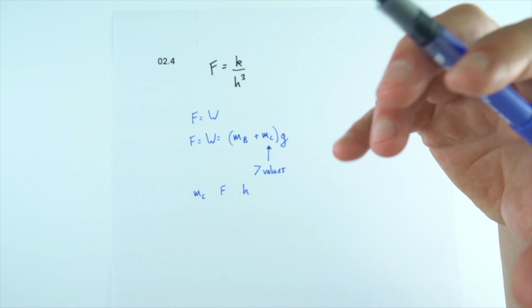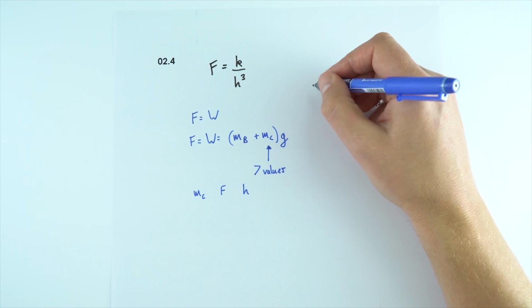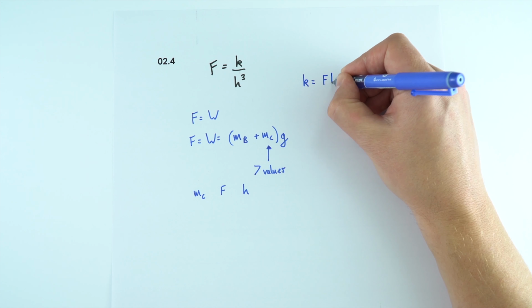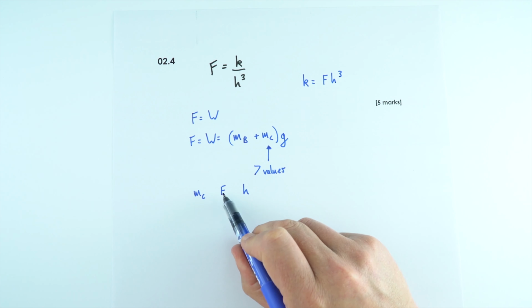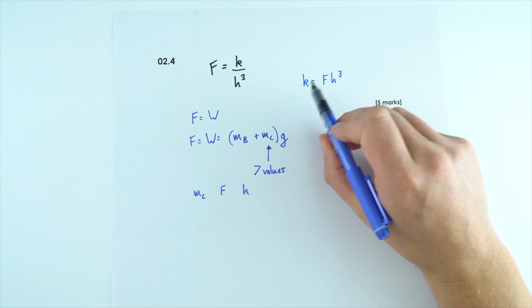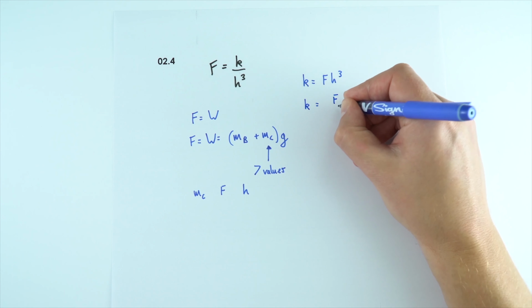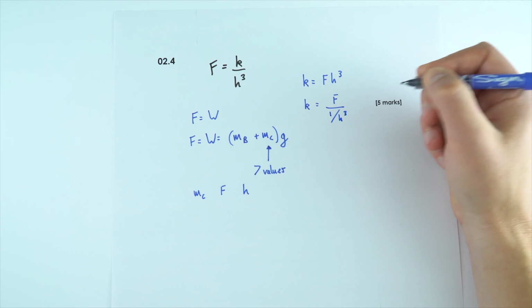And what we can think about is if we rearrange this, we can say that k is equal to F h cubed. Okay. Now, if we just plot a graph of F against h, that doesn't give us k. But what we can do is be a bit clever and say that k is equal to F divided by 1 over h cubed.